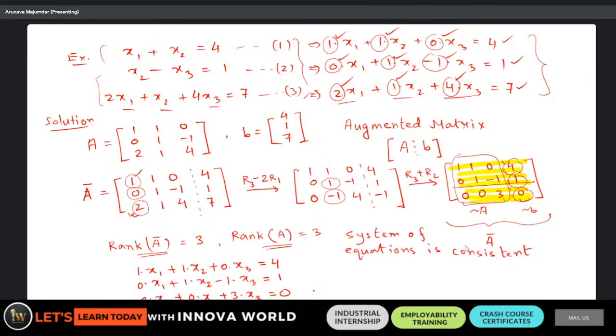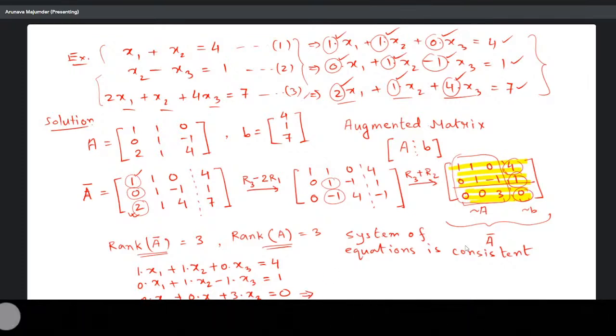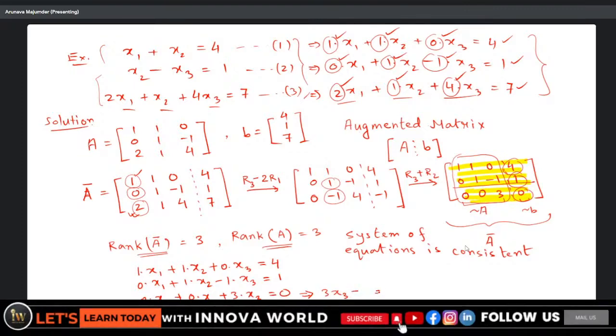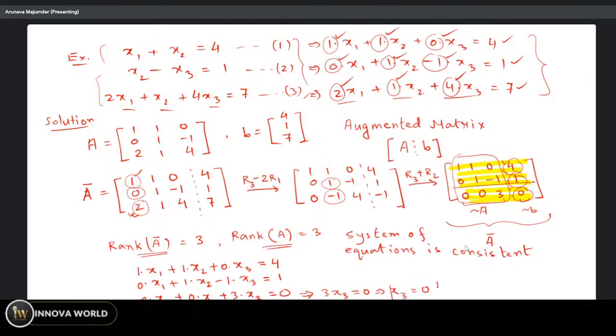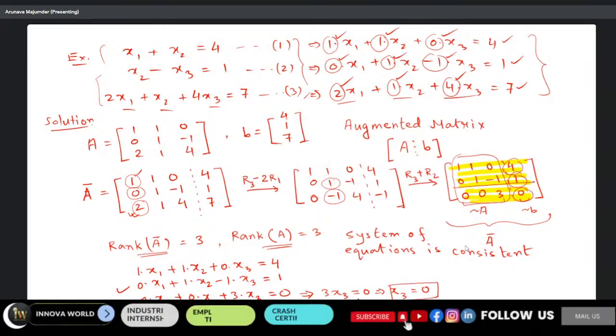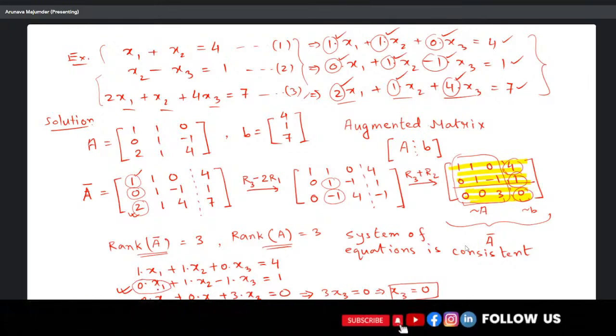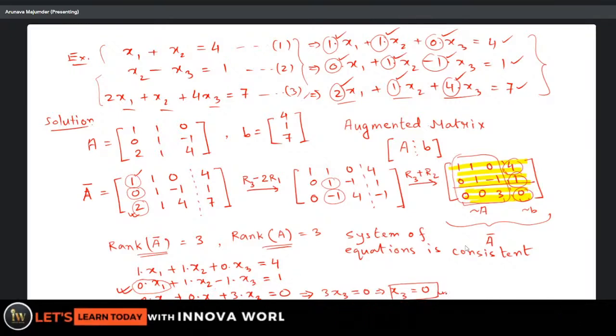Now look at this. From the third equation, 3 into x3 is equal to 0, so x3 equals 0. Now come to the second equation. x1 has 0 coefficient, but we have x2 minus x3 is equal to 1. x3 is already 0, so put x3 equal to 0.